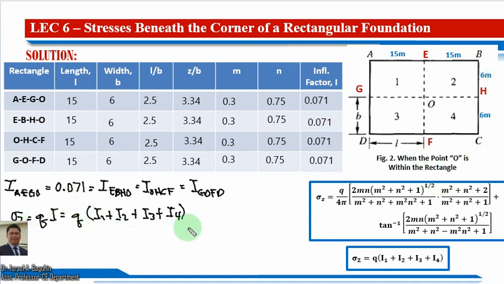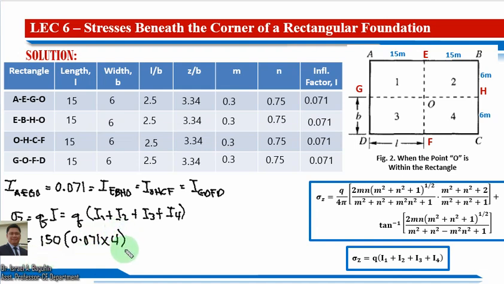Okay, so therefore, substituting this one, our vertical stress sigma Z is equal now to our q, which is 150, times 0.071 times 4.